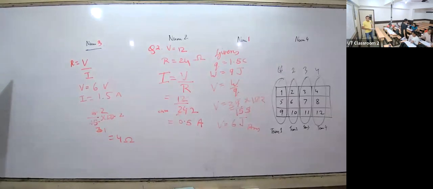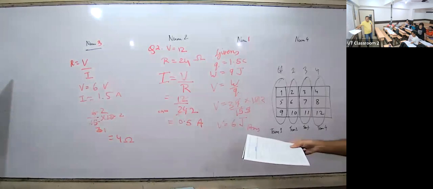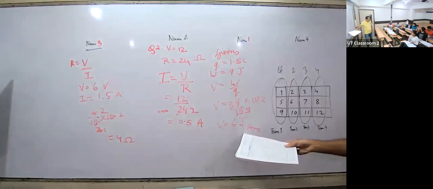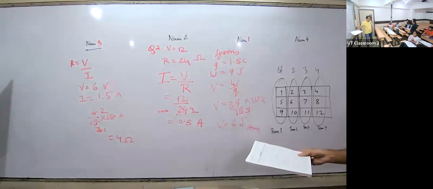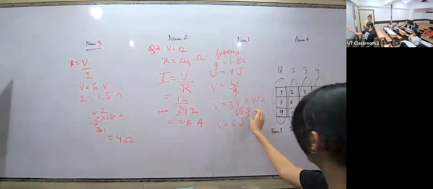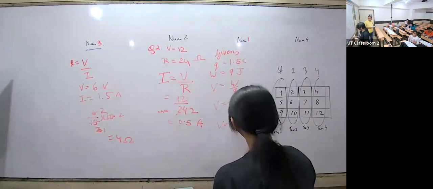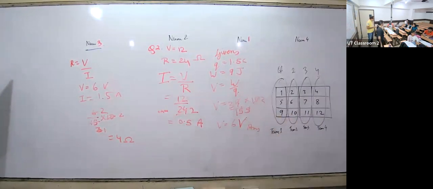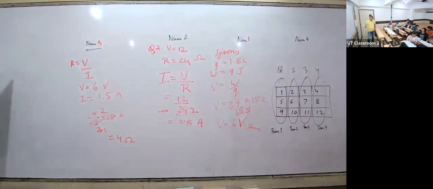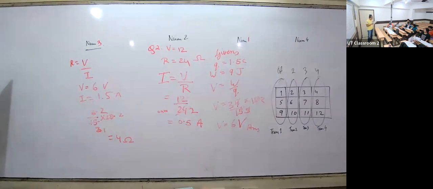So potential difference, is this the unit of potential difference? Joules per coulomb or volt. Okay. So this is 6 volt. If you're writing joule, you have to write joule per coulomb. Okay. And joule per coulomb is called volt. Okay. Is it clear? So team 4.